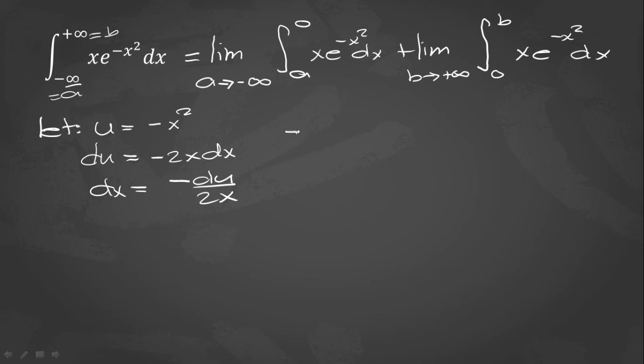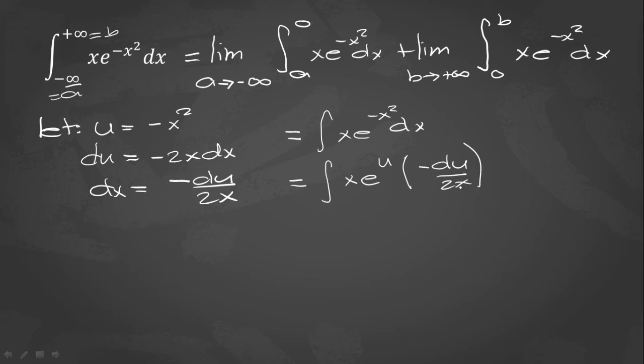We have x e raised to negative x squared dx, so it is equal to the integral of x, where our power of e is replaced by substitution, which is u, so e raised to u, where our dx is equivalent to negative du over 2x.